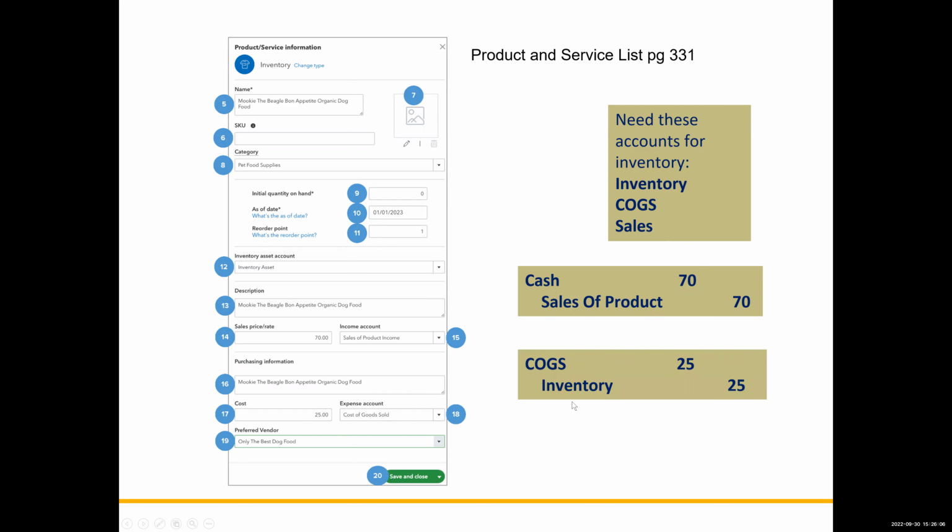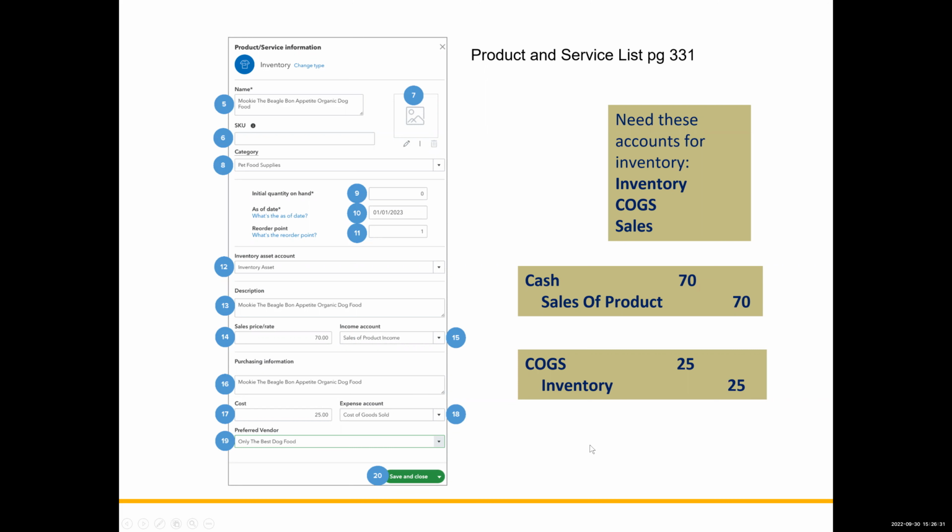So again, we have an inventory account so that when inventory goes out, we can record it. We also have a cost of goods sold account so that when the inventory goes out, we can expense it to cost of goods sold, right? So you should recognize these entries from accounting 4A, right? So these three accounts are needed, and that's why we put them in.